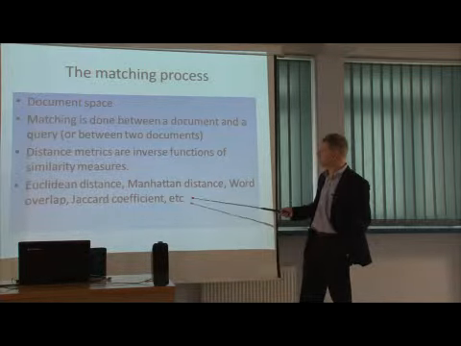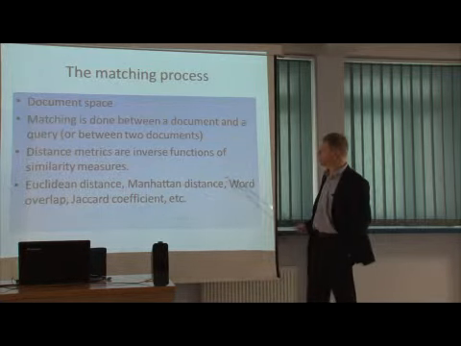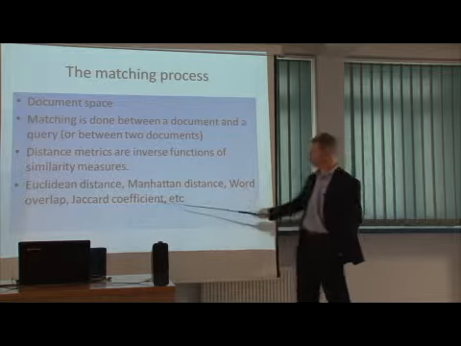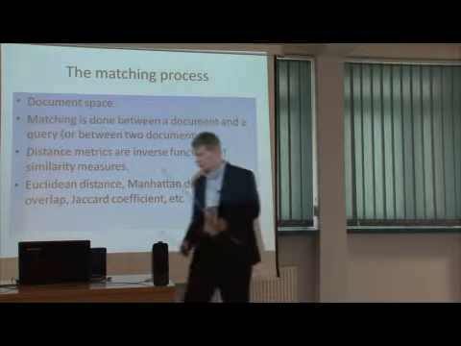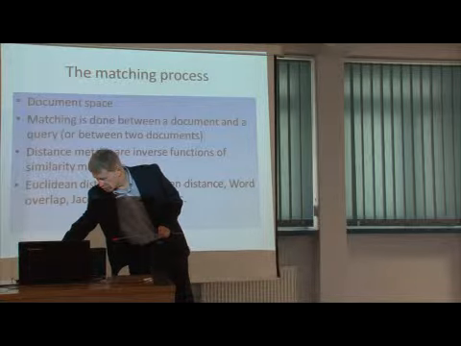The distances that I used are Euclidean distance, Manhattan distance, word overlap, Jaccard coefficient, and some others. Some of them we have explained already, and some of them we will.